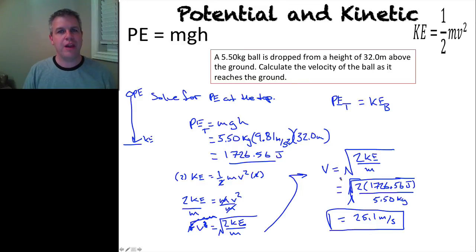There are going to be a number of different types of problems like this with objects falling, and this is the way that you solve them. Again, remember, potential energy lost is equal to kinetic energy gained in this situation. Practice these. Take a look back at this video again, play it back if you need to, and we will see you in class.